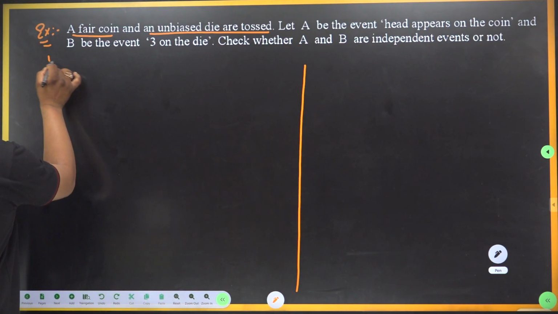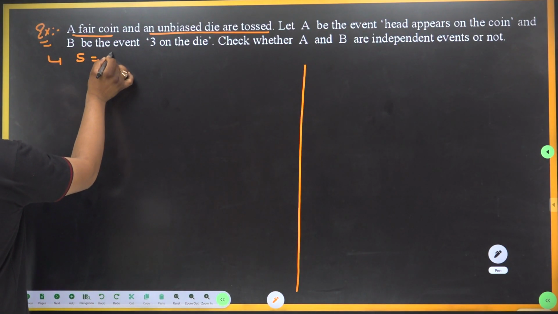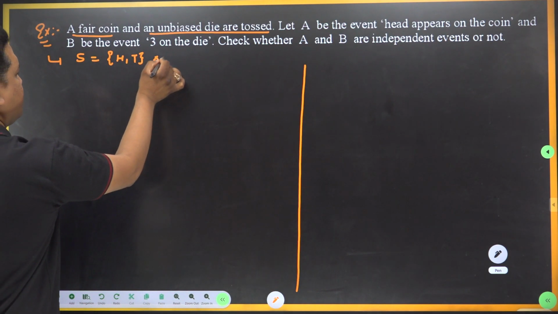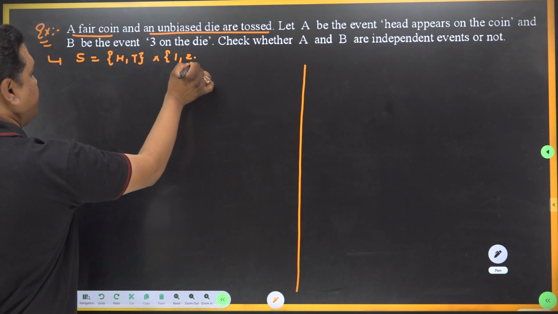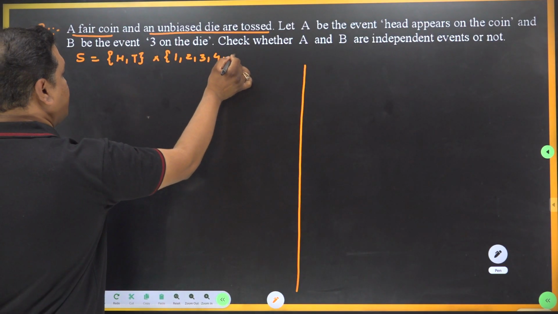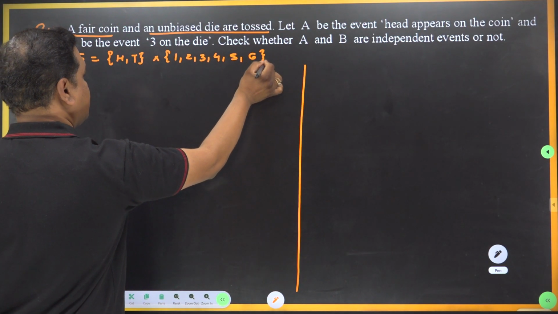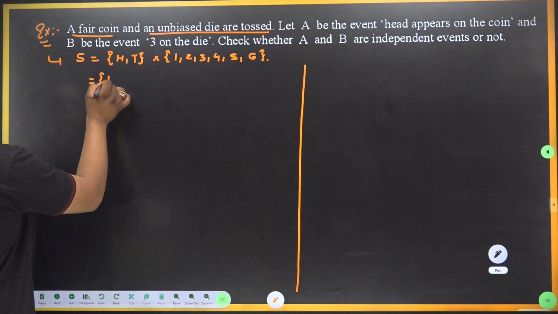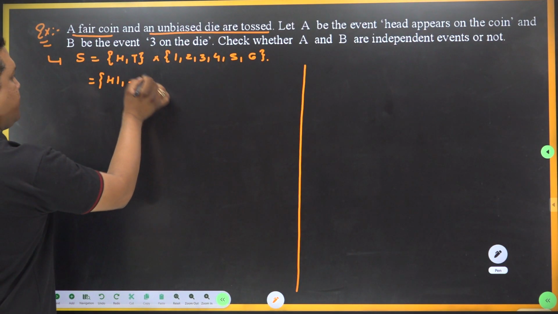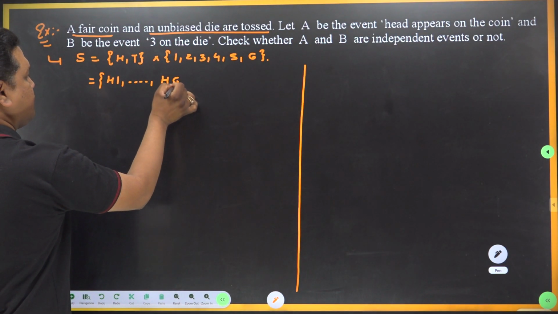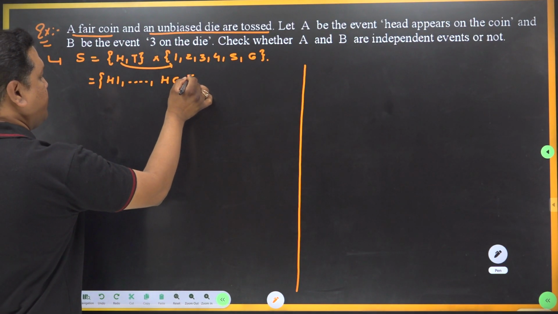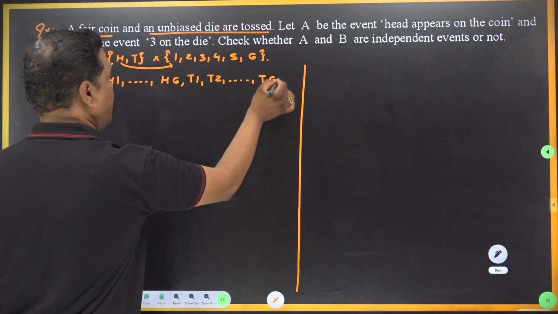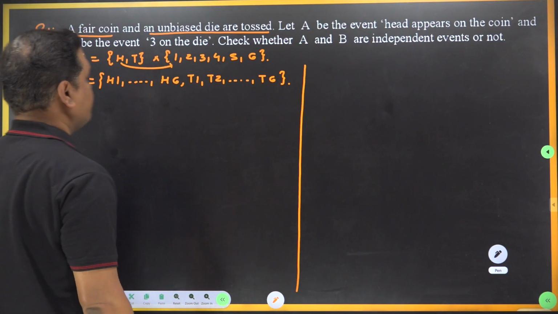So first of all, S के लिए coin and die both are tossed. So total element, so H1 से लेके H6, H is multiply with everyone, T1 T2 up to T6.